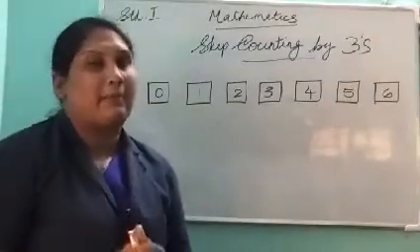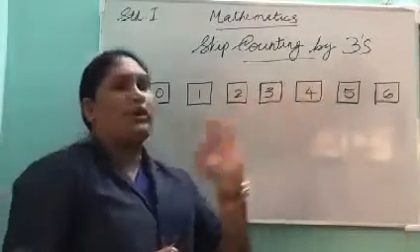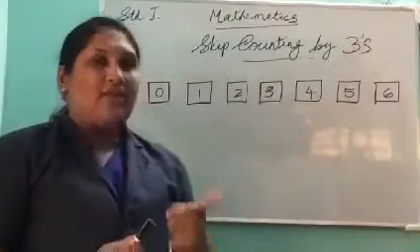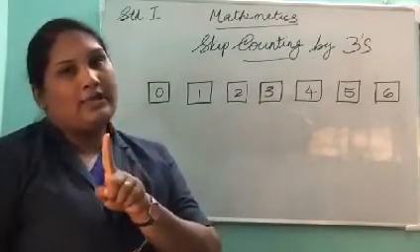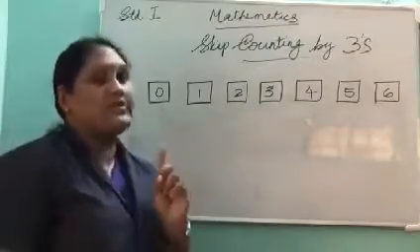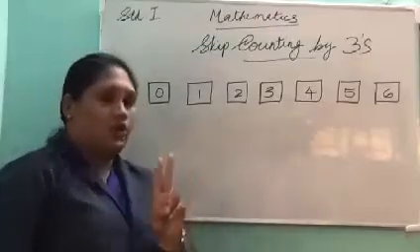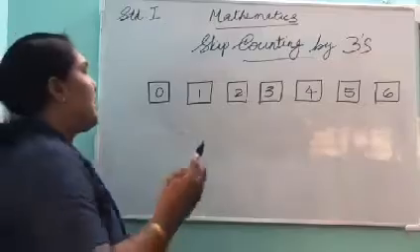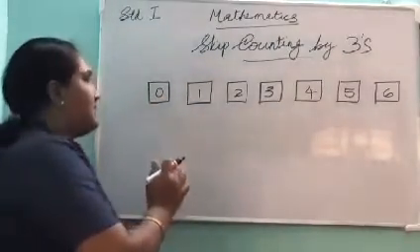We studied skip counting by twos. Now we are going to study skip counting by threes. In skip counting by twos, we skip one number before the next number. Here we have to skip two numbers. We are starting from 0. Here are some boxes and the boxes have numbers.